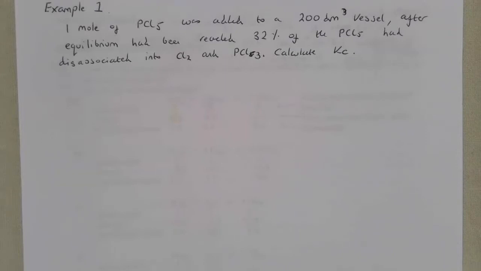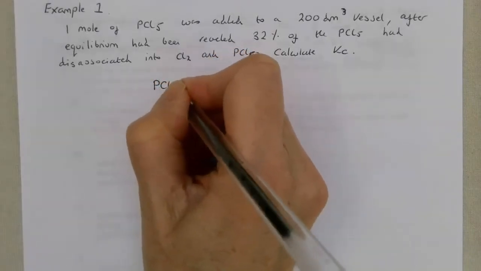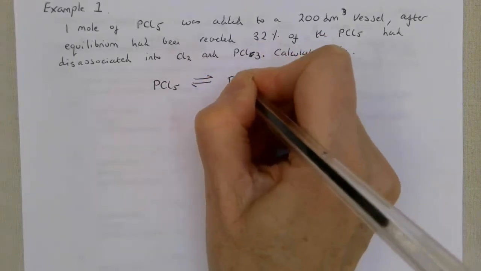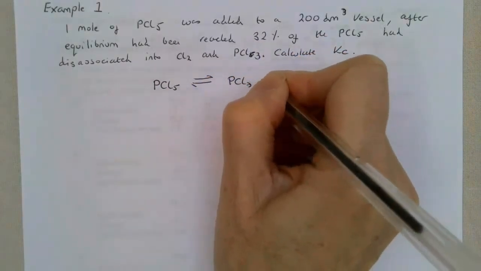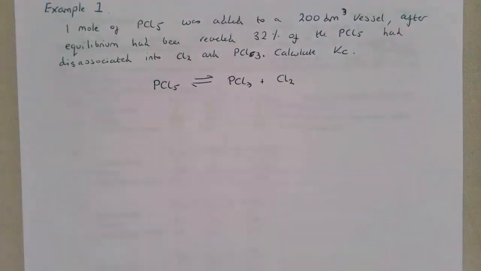So the first example, I've got a mole of PCl5 decomposing or dissociating into chlorine and PCl3. So the first thing I'm going to do is write out my balanced equation. So I've got PCl5 and it's decomposing to form PCl3 and chlorine gas. And I'm going to just check that's all nicely balanced.